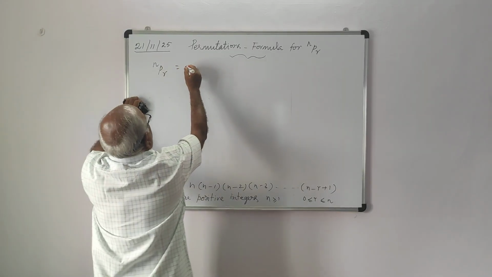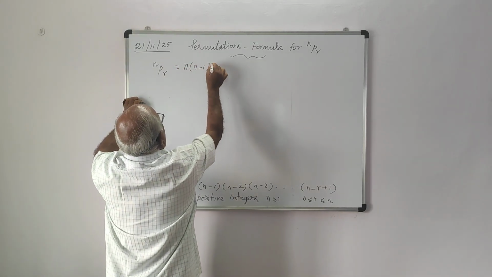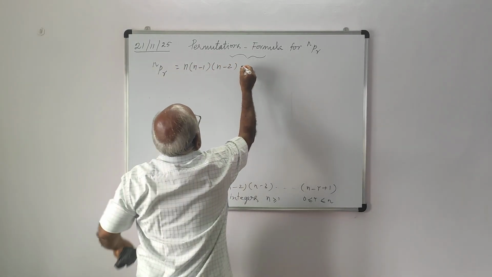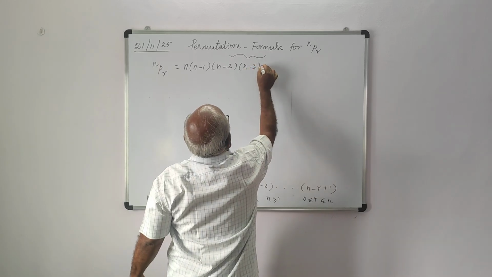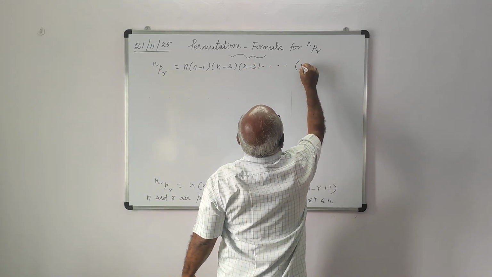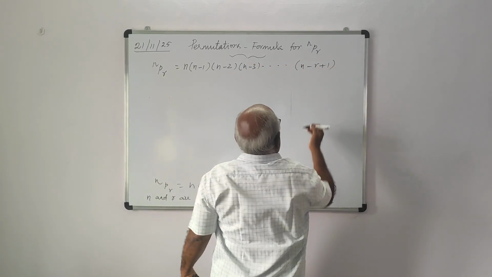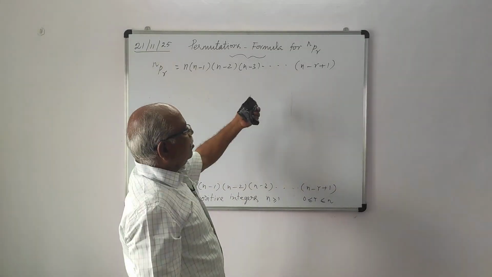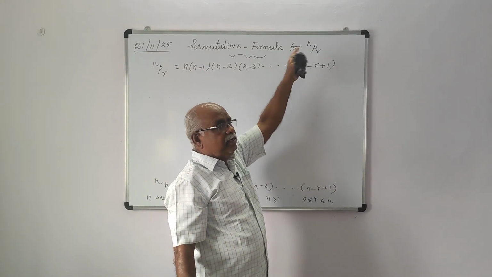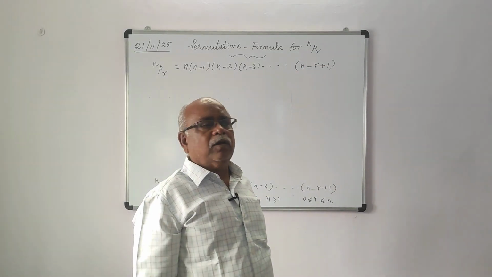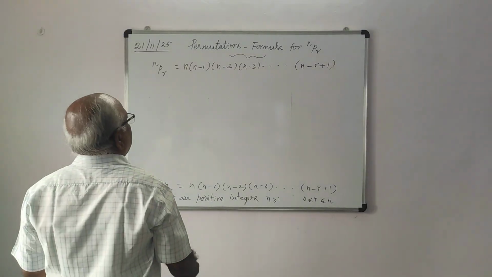nPr equals n into n minus 1 into n minus 2 into n minus 3, etc. The last term is n minus R plus 1 by our idea. If you bring that minus inside the bracket, you will get n minus R plus 1 as the last term.